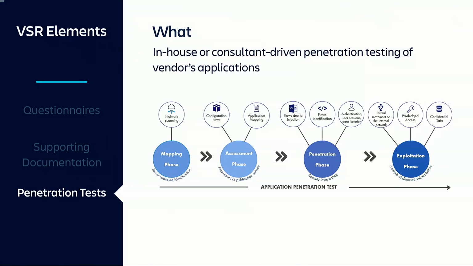At the end of this type of assessment, you would look at the vulnerabilities that you found and determine: am I comfortable signing off on this risk for my enterprise based on the issues that exist, or do I need the vendor to fix this first?